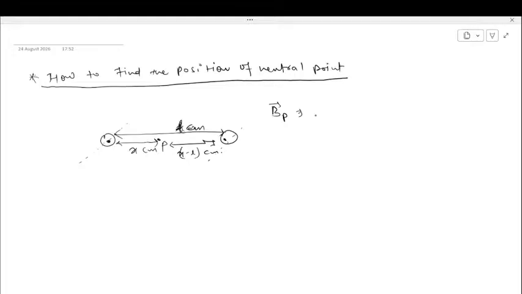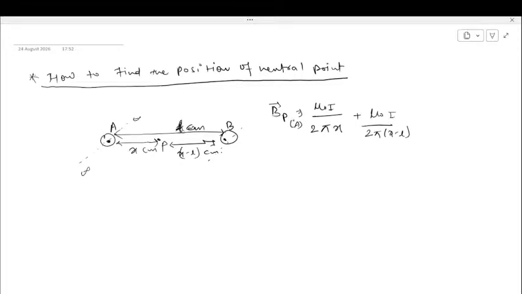Due to this wire, suppose this wire is A, magnetic field at point P due to wire A, this is the infinite wire, is mu naught I upon 2 pi x, plus mu naught I upon 2 pi (x minus L).